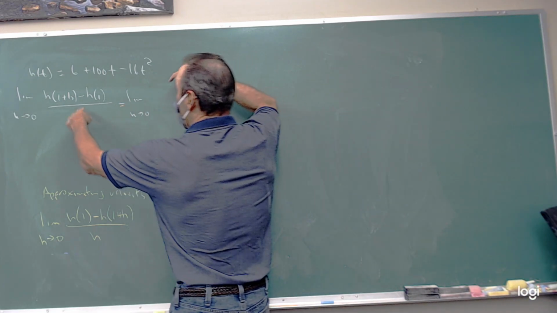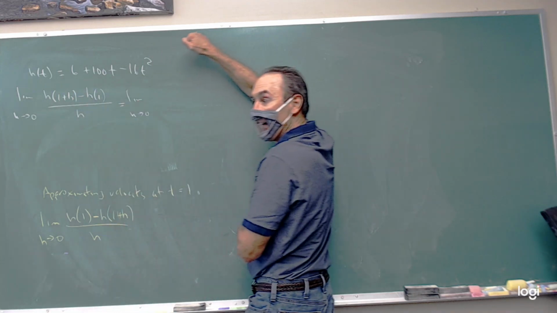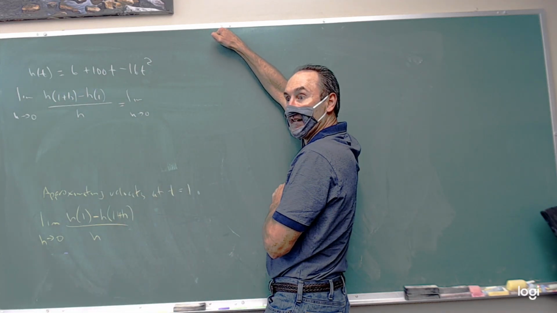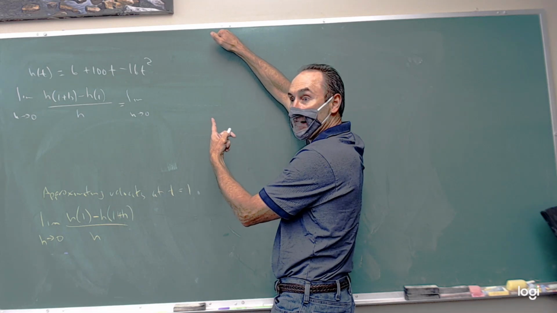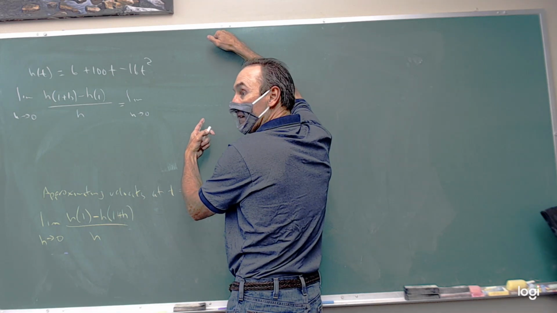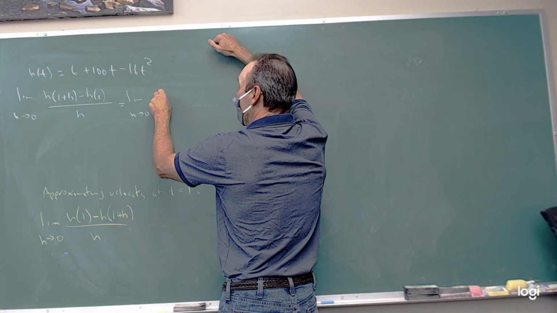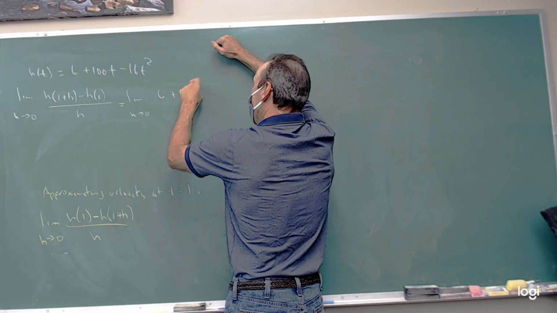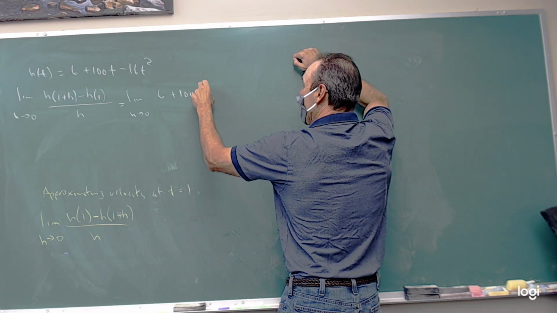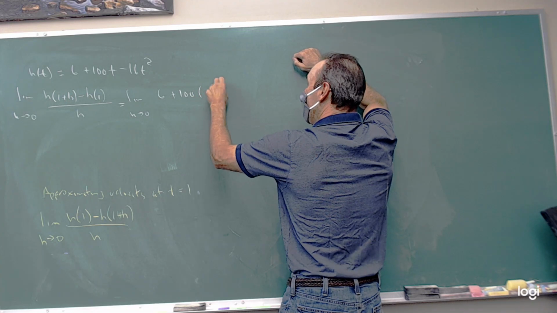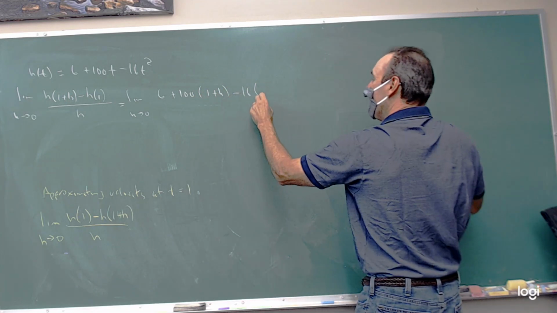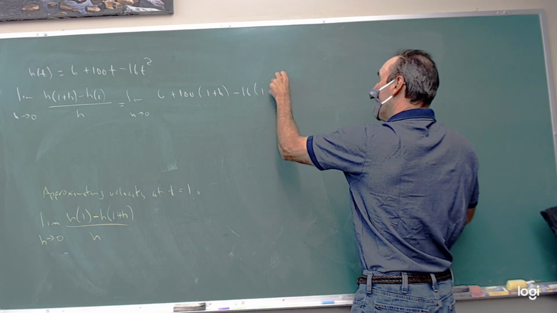Okay, I'm going to plug in 1 plus h into here. You ready? I'm ready to write. Tell me what to write. Good. Just me and you, I think, Ainsley. 6 times 1 plus h minus 16 times 1 plus h squared.